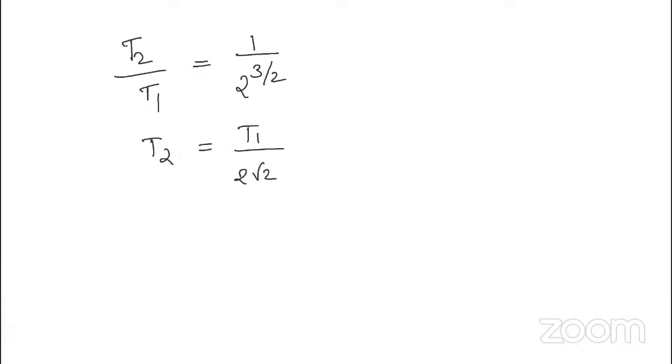Writing either 2 power 3 by 2 or 2 into root 2 is correct. Here T1 value is 24 hours, so put 24 divided by 2 into root 2. Now cancel this one, and it is 12 by root 2.